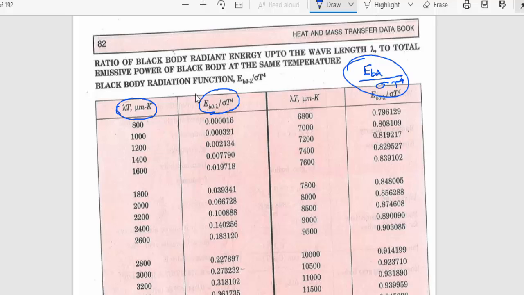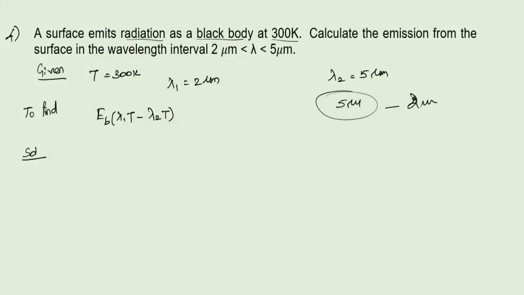Now go to your problem. First you have to know the lambda T value. So lambda 1 into T equal to 2 into 3000, which is equal to 6000 micron Kelvin. Similarly, lambda 2 into T equal to 5 into 3000, which is equal to 15,000 micron Kelvin.